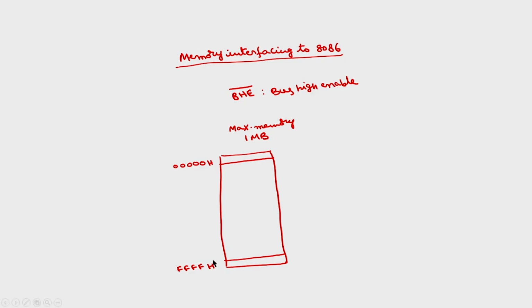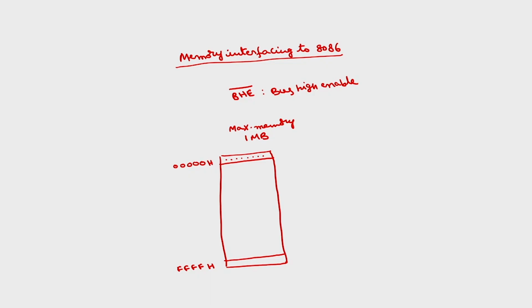This is the maximum memory. But each location is capable of storing only 8 bits of information. Then the question is how to access 16 bits of the data. If I want to access from 2 consecutive locations, it will take 2 clock cycles. But in 1 clock cycle, I want to access 16 bits of the data, because there are many operations where 16-bit data is required.